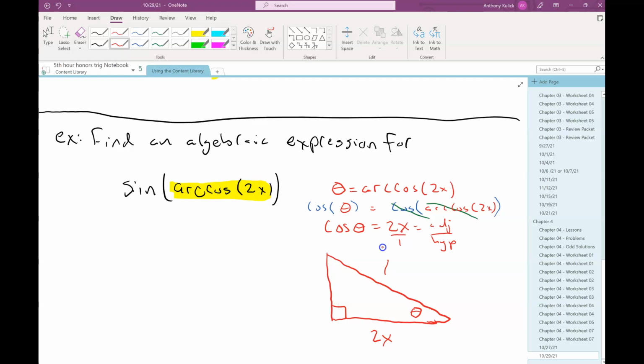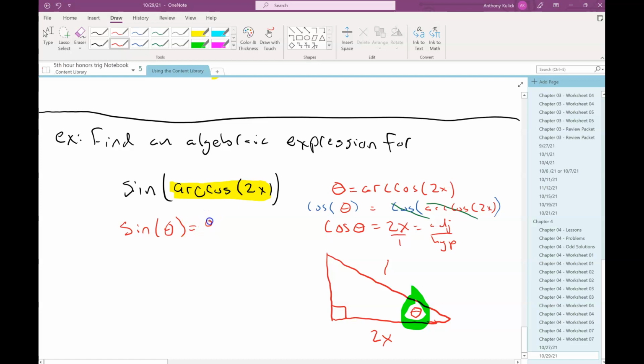Everybody's okay with that? So now what I have is really sine of theta, where theta is the angle in this triangle. I use the inside part to build this right triangle, and now I can perform sine using that right triangle.